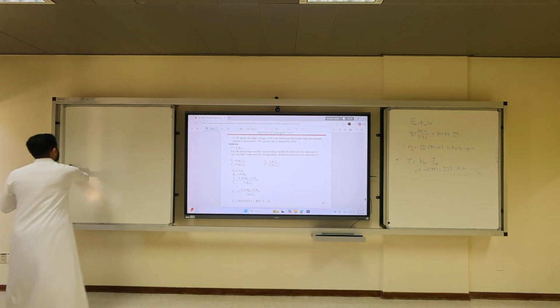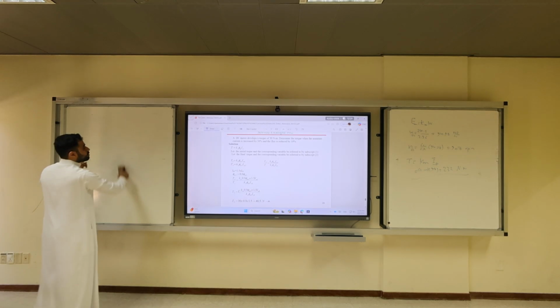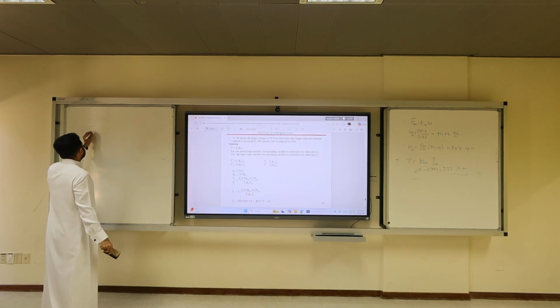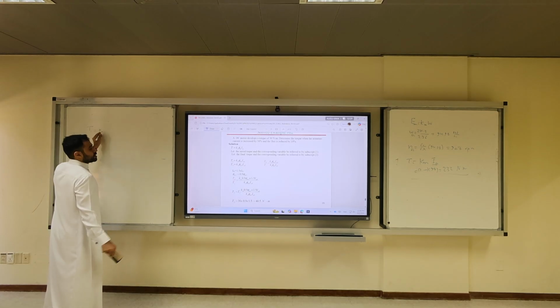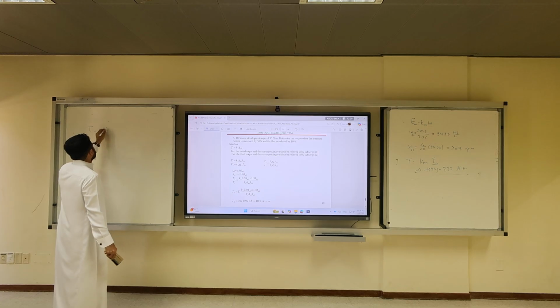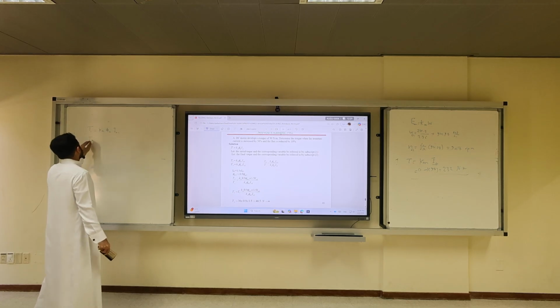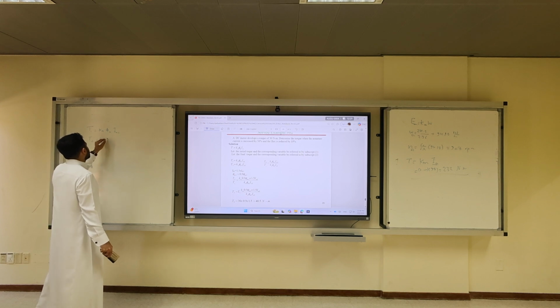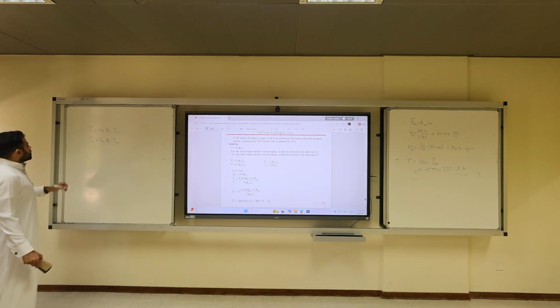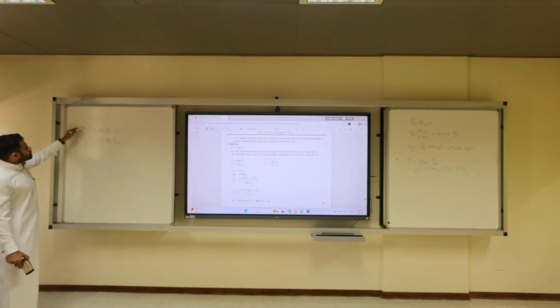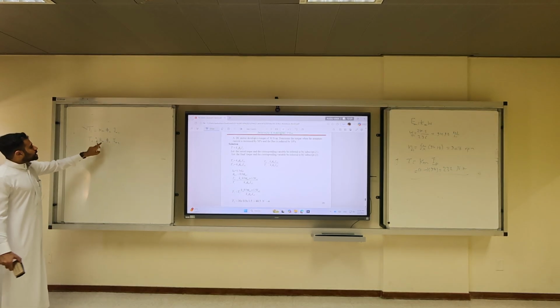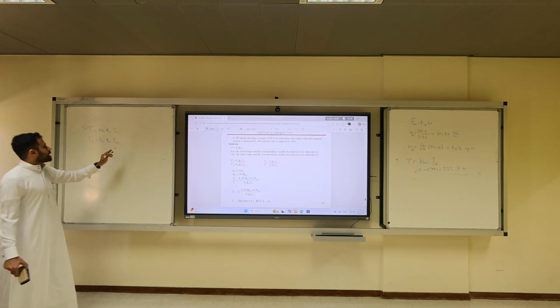So initially, what do we have? Initially, we have T1 equal Ka flux M Ia1, and we have torque 2 is Ka flux M Ia2. We already know T1. We can write T2 parameters as a change.